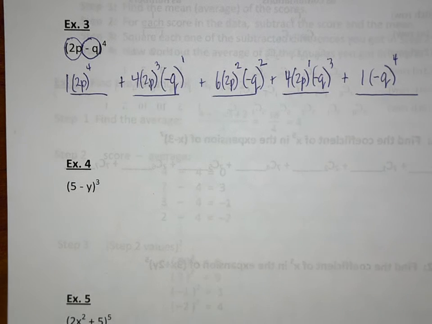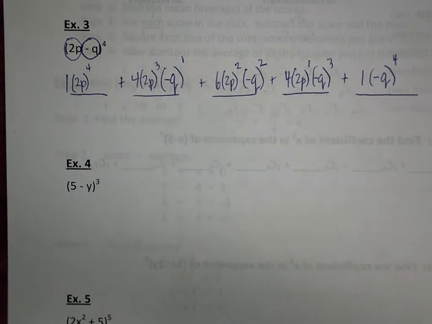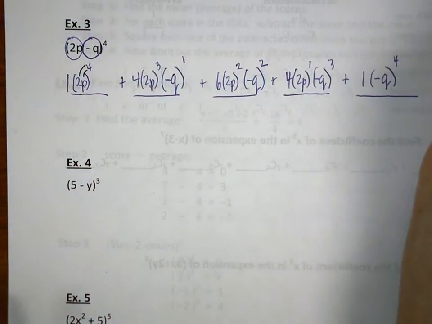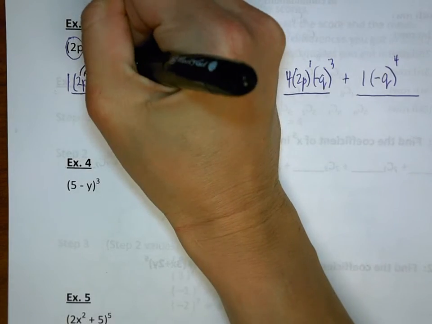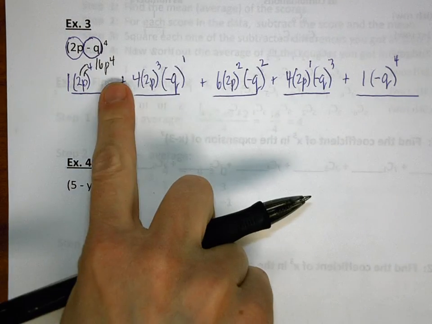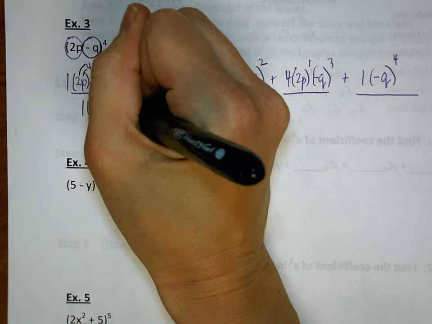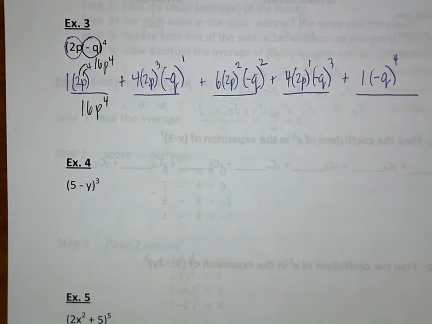Okay, so on my first one, I have to multiply that out, and so 2 to the fourth power is what? So that's 16p to the fourth, and 16p to the fourth times 1 is just 16p to the fourth.